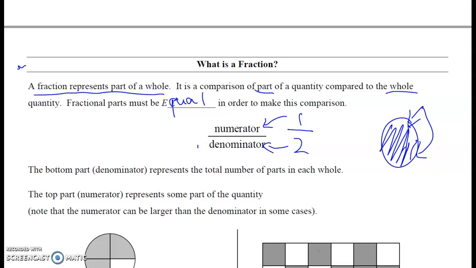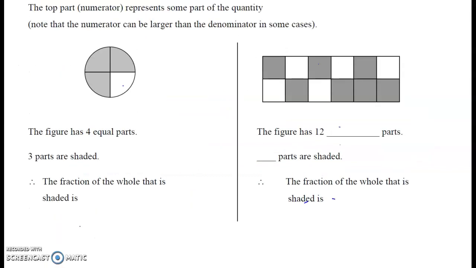Let's look at a couple of diagrams at the bottom here to see how fractions can be represented visually. Here's a circle, and it's been broken into 4 equal parts. 3 of those parts, 1, 2, 3, are shaded. And so the fraction of the whole that is shaded is 3 out of 4, 3/4.